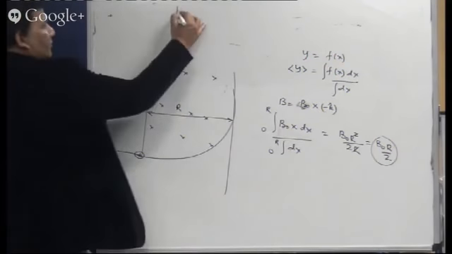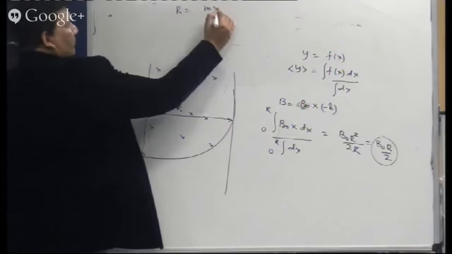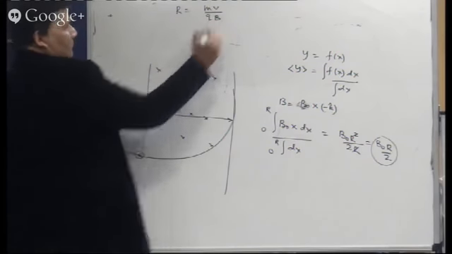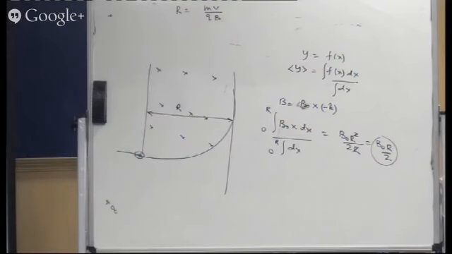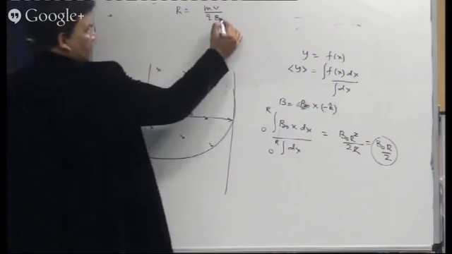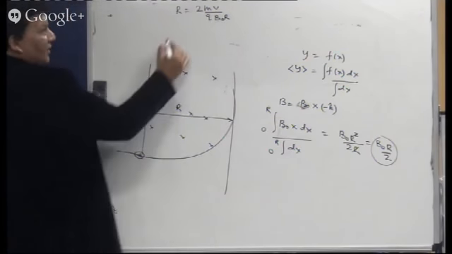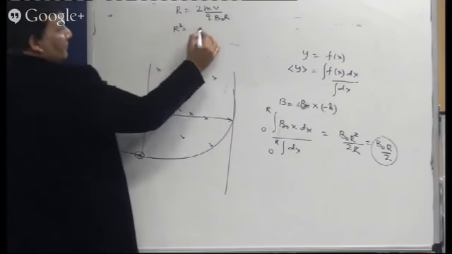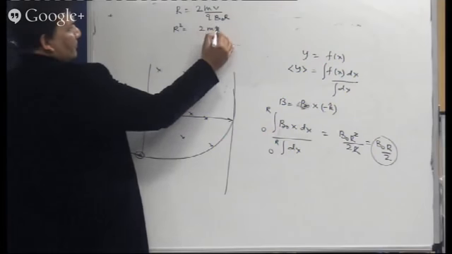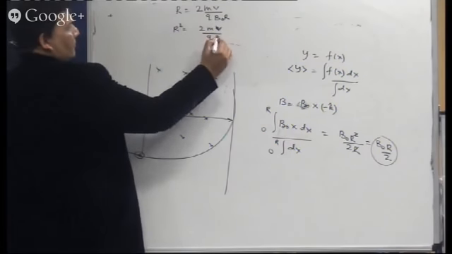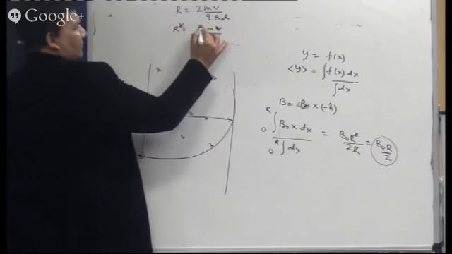What is radius equal to? B कितना है, R कितना है, ये आंसर है.